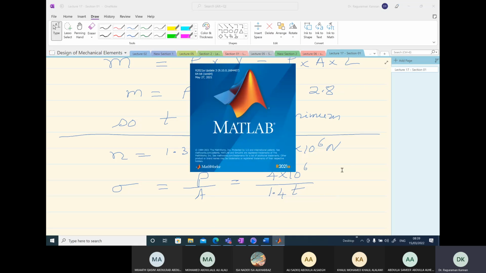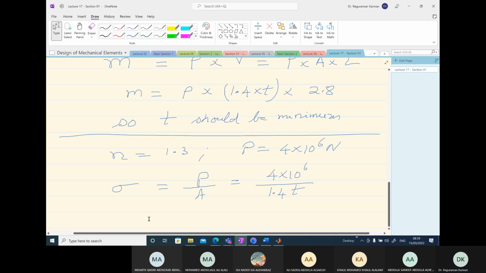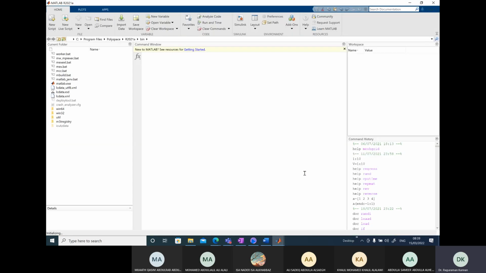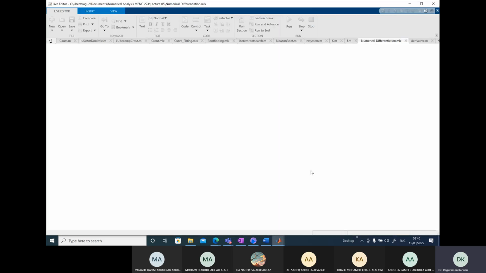Okay. Now let us try to express sigma in megapascals so that it will be easier. This 10 power 6 will always give us megapascals.